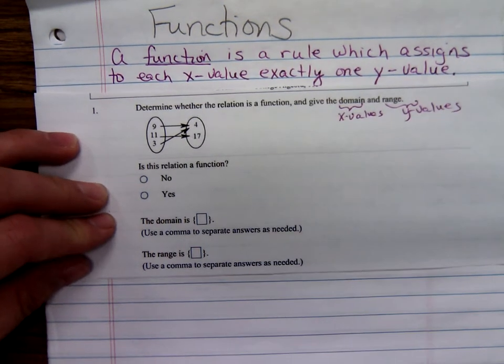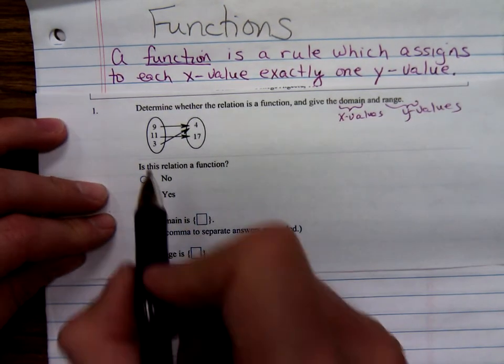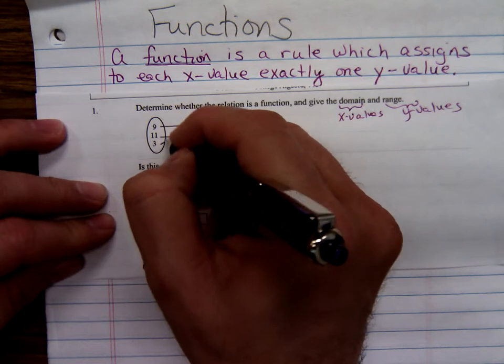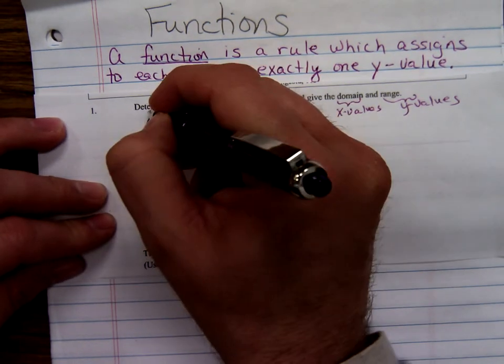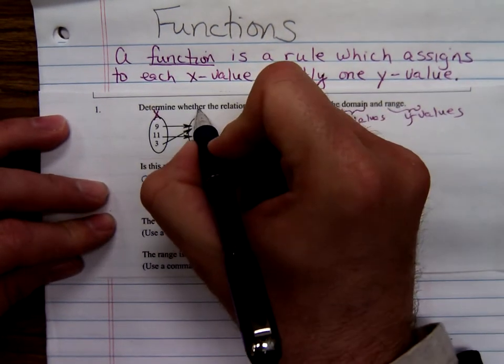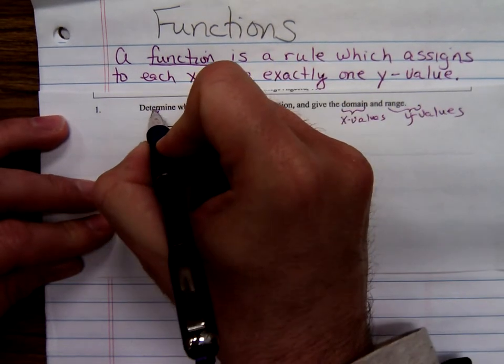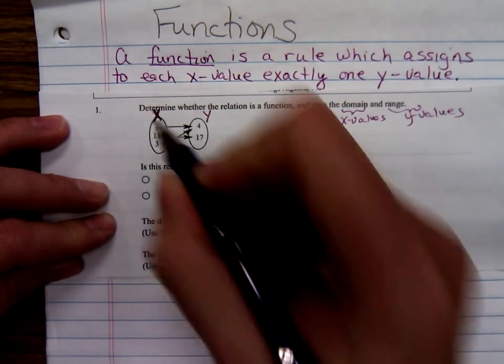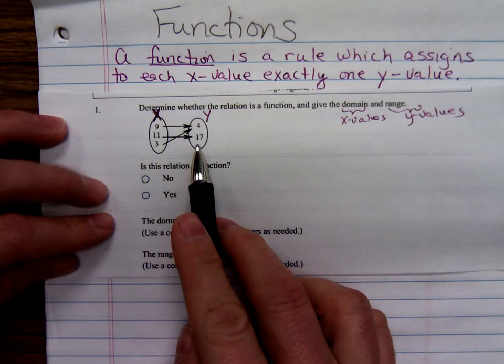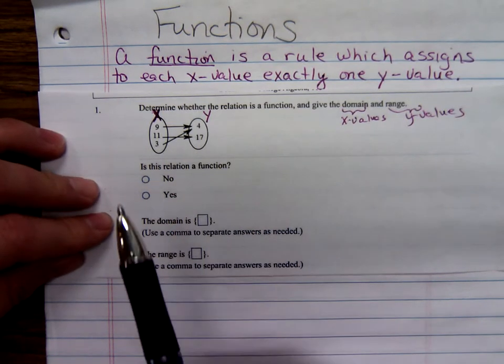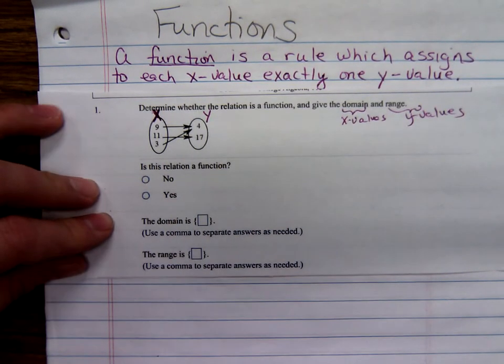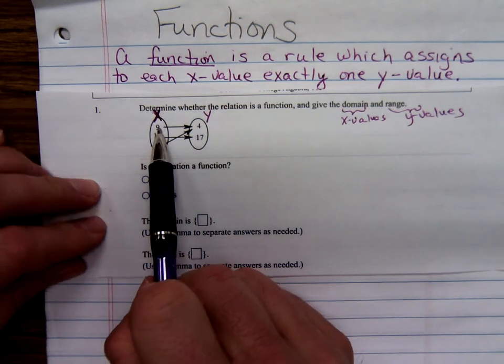So let's look at this. Do y'all agree? This looks like the set of x's that are being assigned y. So over here's the x values, and over here's the y values. Is each x value being assigned exactly one y value? Like the number 9.